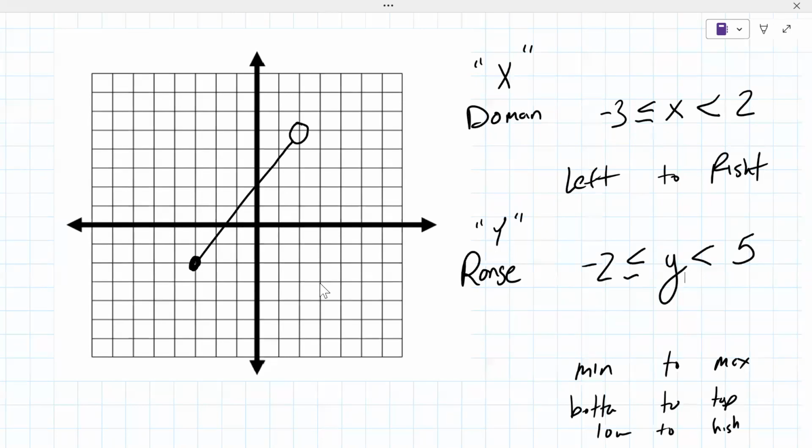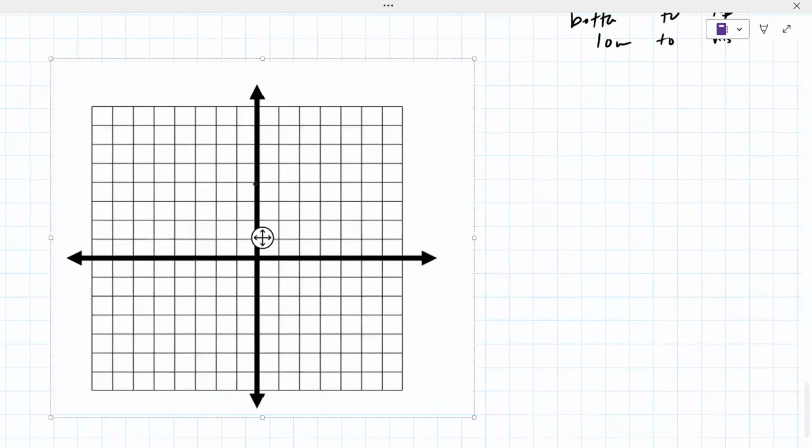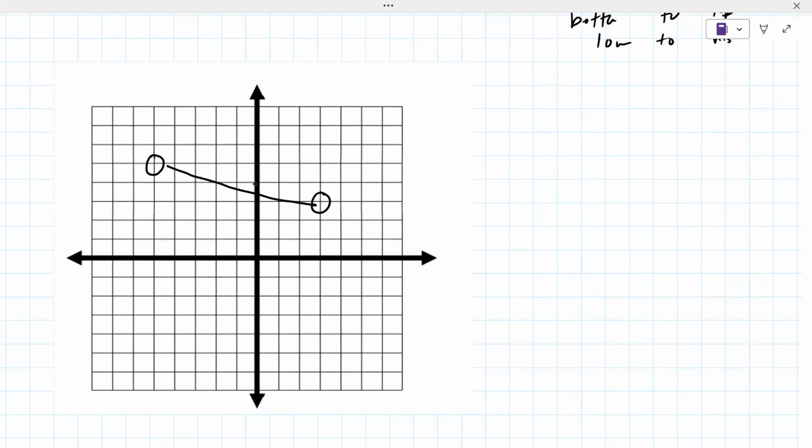All right. Got it down. All right. So I'm going to ask you to do domain and range for a new graph here. Assume that's a straight line.